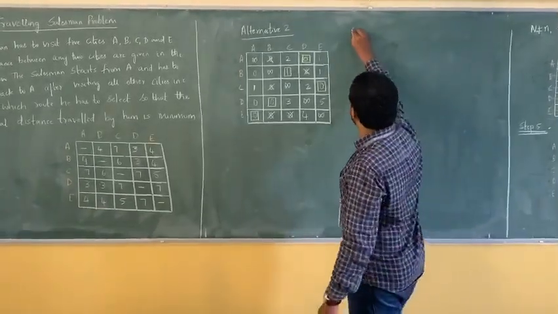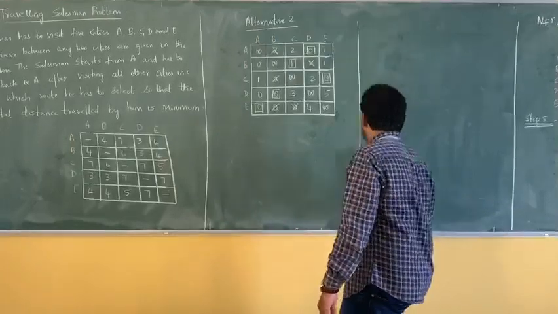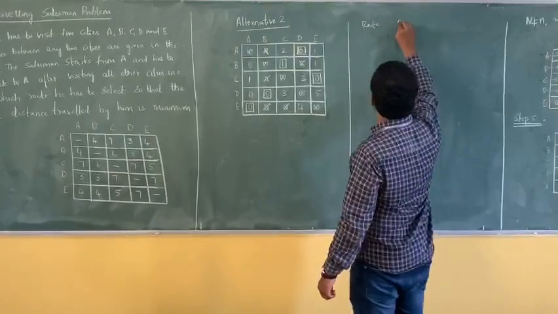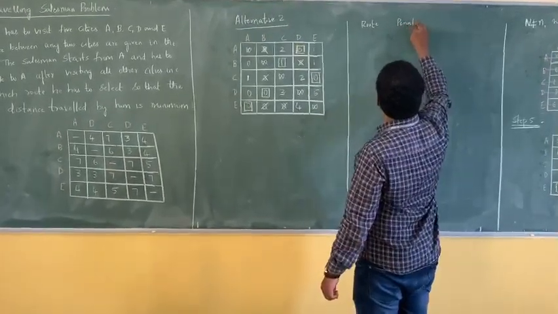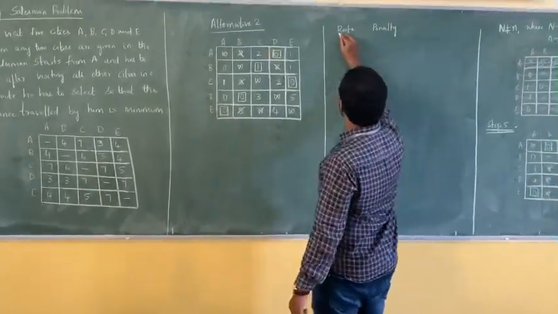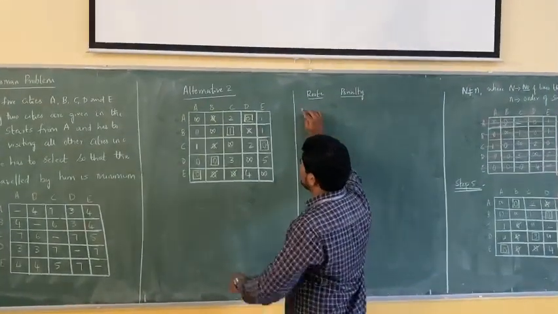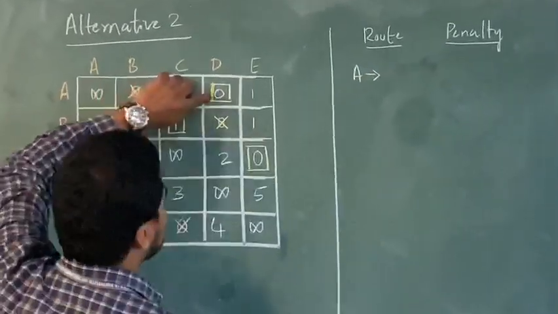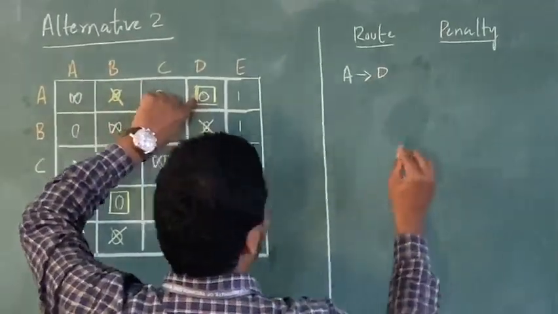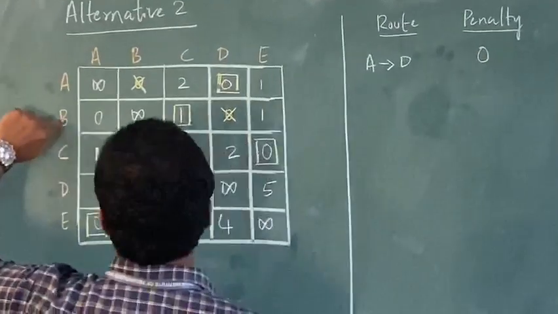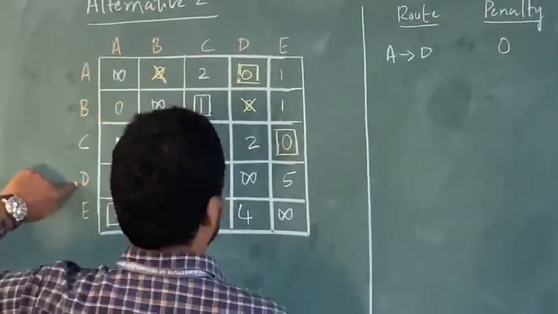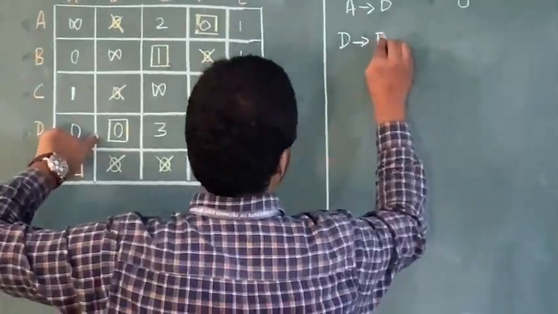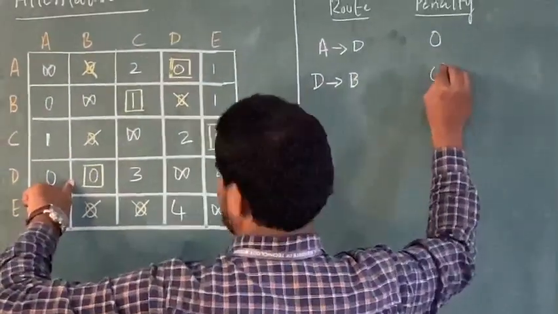So here I will write the route and penalty. From city A we started to D, the penalty was 0. Again from D we went to city B, the penalty was 0.